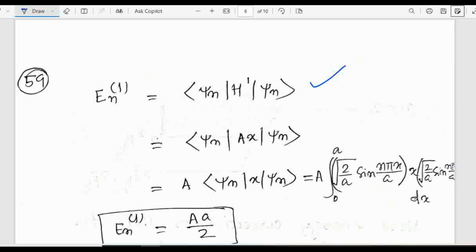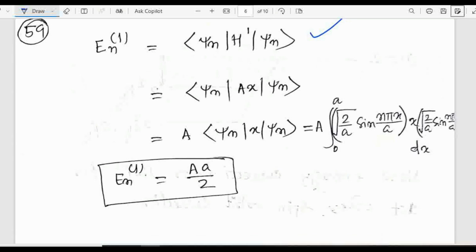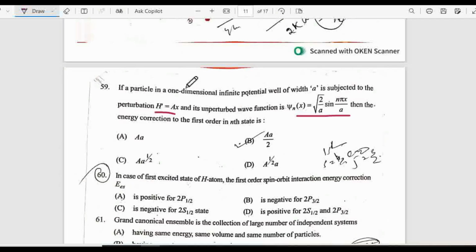Now if you see the question again, there is no mention of whether this one-dimensional potential well is symmetric or asymmetric. As there is no mention, we have to assume by default that it is an asymmetric one-dimensional infinite potential well.